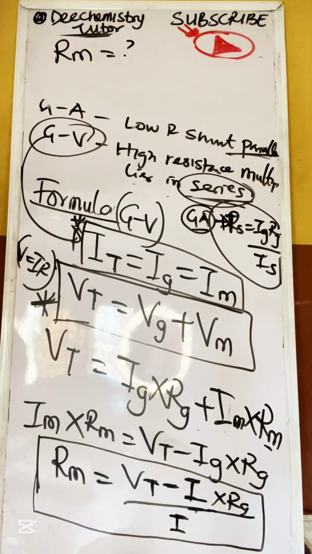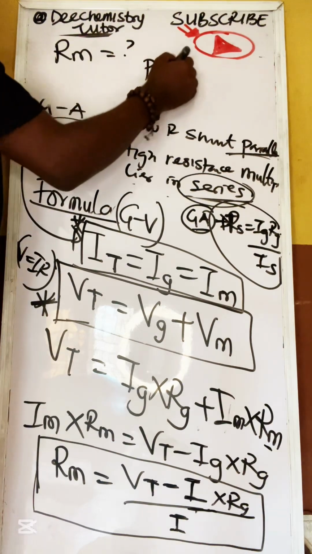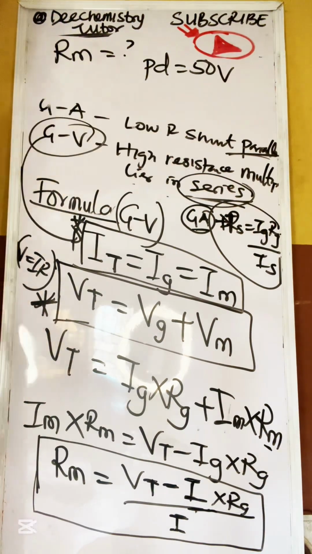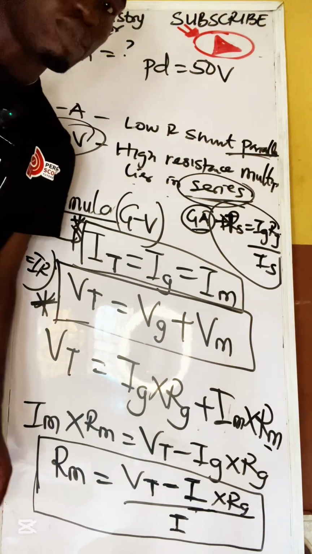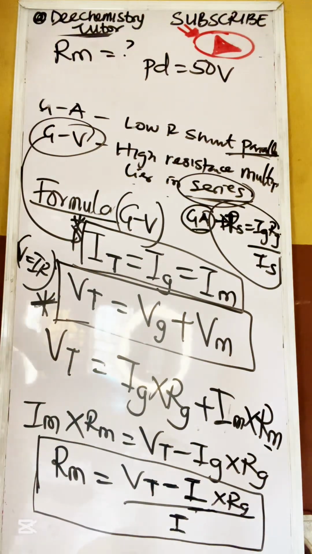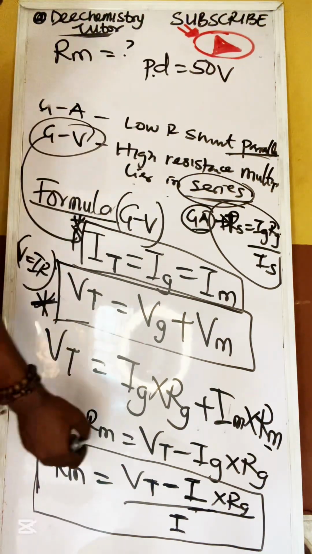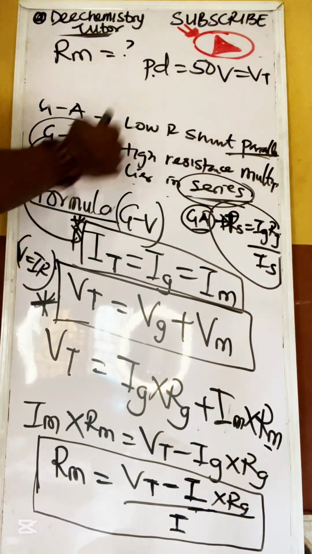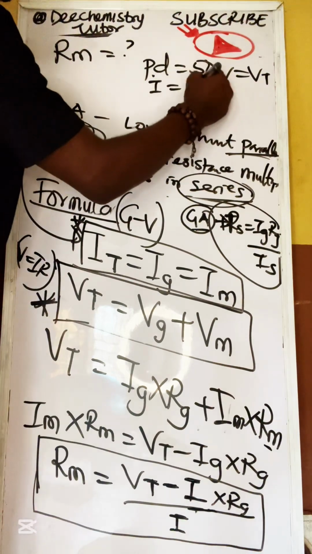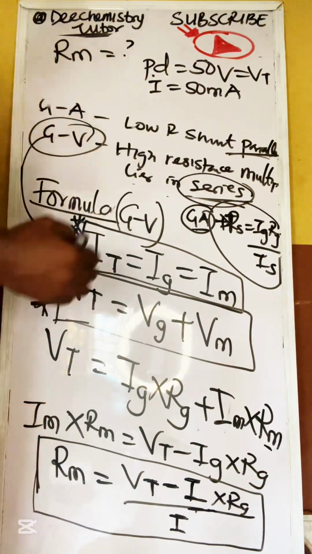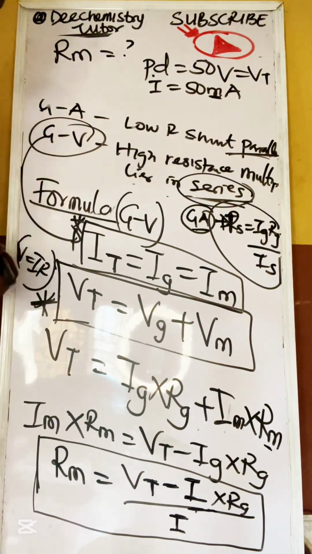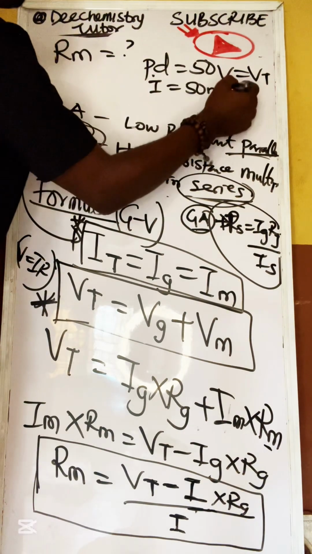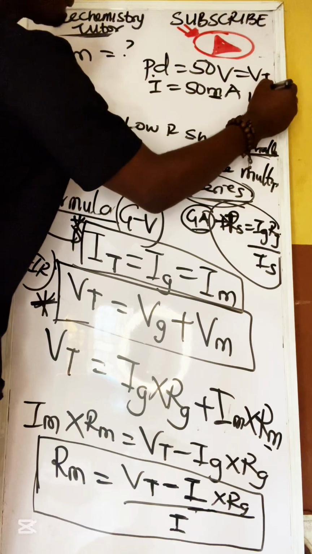If the potential difference is 50 volts, this is a JAMB question. Potential difference is still V, the V total. They will now say the current is 50 milliampere. Don't forget, milli means 10 raised to minus 3.